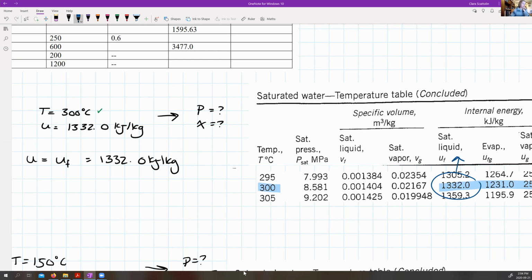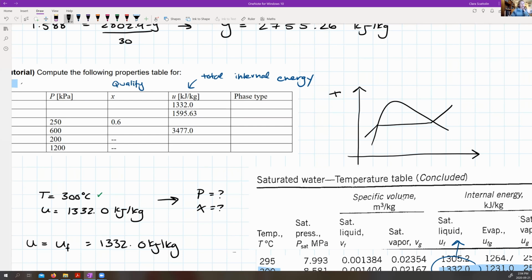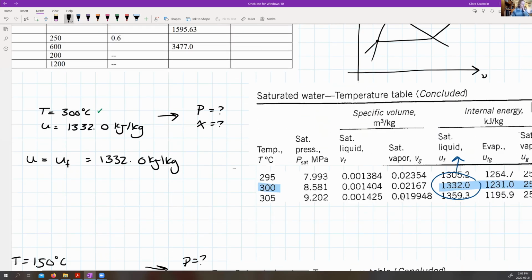If I sketch my graph here, I'm at this point right here. I'm right at the saturated liquid point where my water will start to boil.